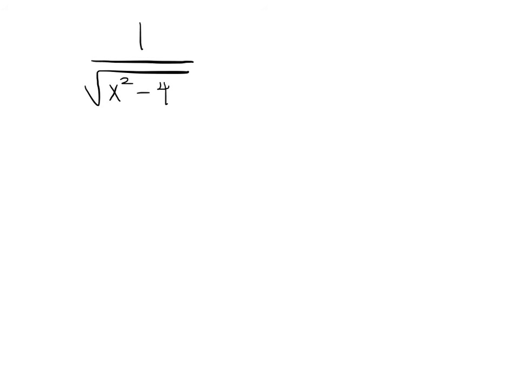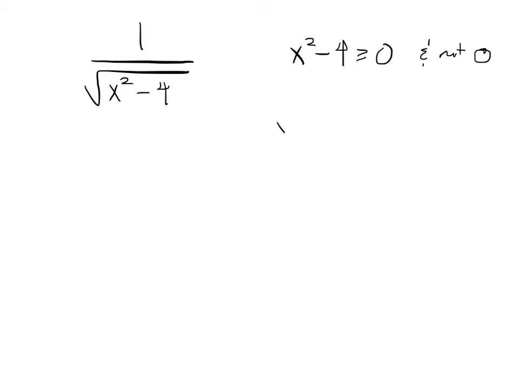You could say to yourself, oh, x squared minus 4 has to be greater than or equal to 0. But there's a secondary restriction that says it also has to be not 0.